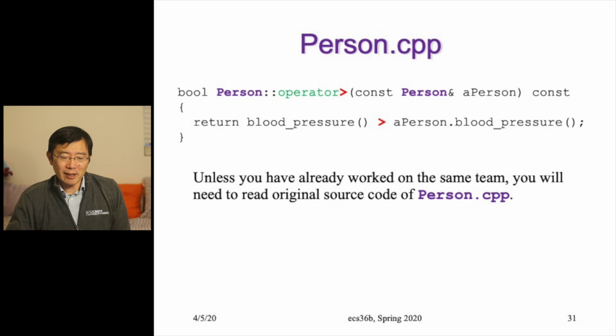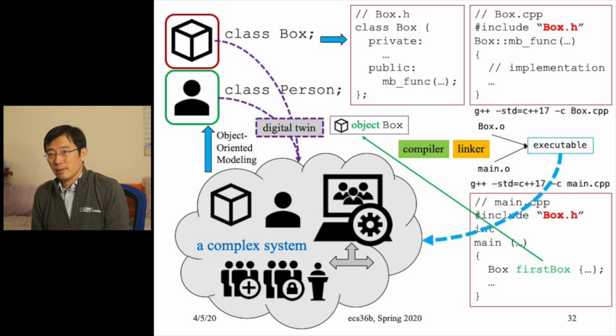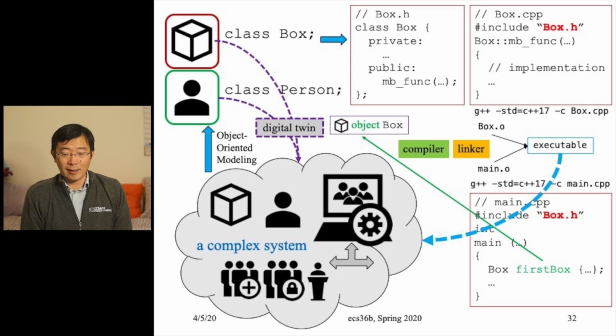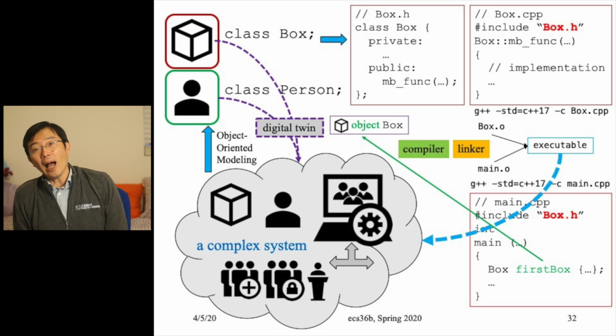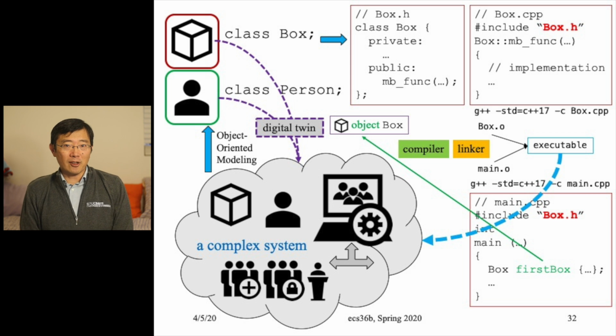But what does that mean? Now I go back to the first part of my lecture, the picture I sent you. Why am I compiling box.h and box.cpp separately? I want to implement encapsulation. I don't want people to know box.cpp. But see what we're doing here? Now we have a person.h and person.cpp.